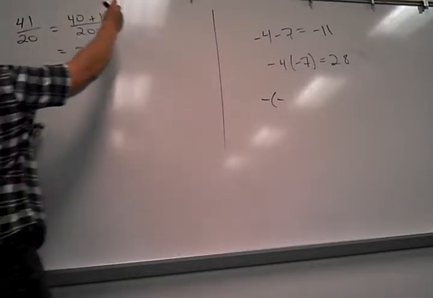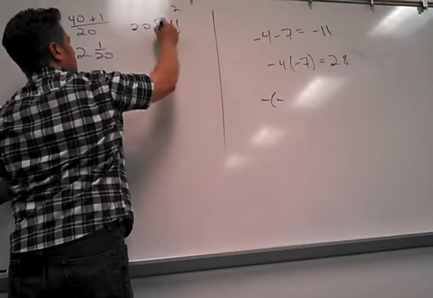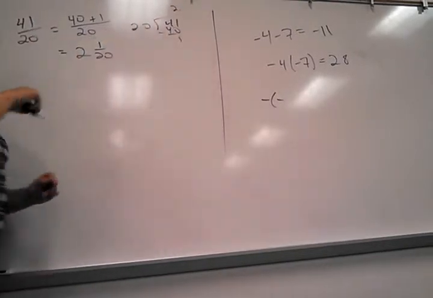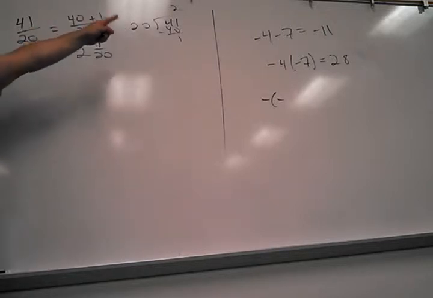And if you don't like that, you can do the same old division: 20 goes into 41 twice, 40, minus equals 1, so 2 and 1/20th. But I like this idea of eyeballing it, taking it down to the number that goes in and seeing how much is left. That's your remainder after you did the division.